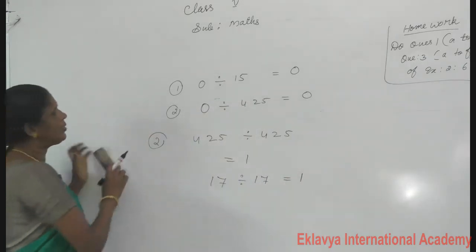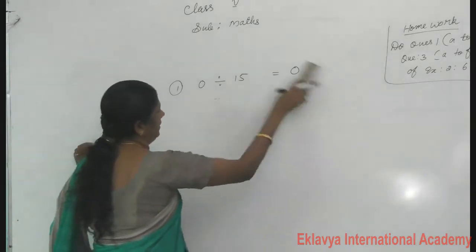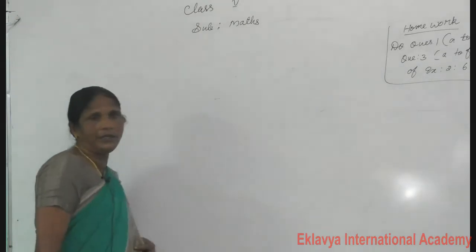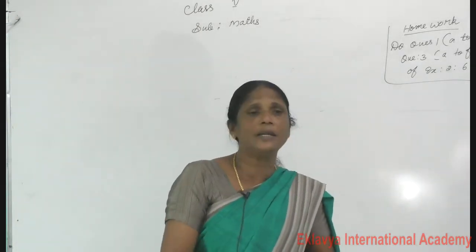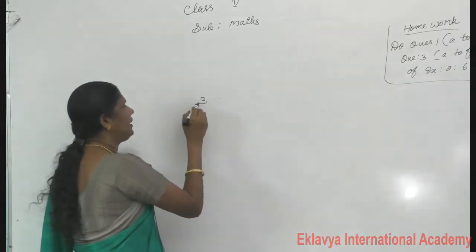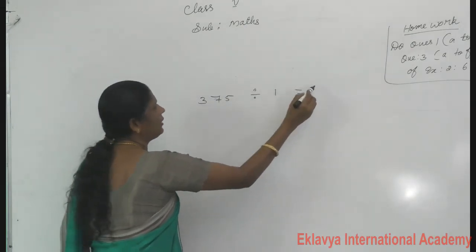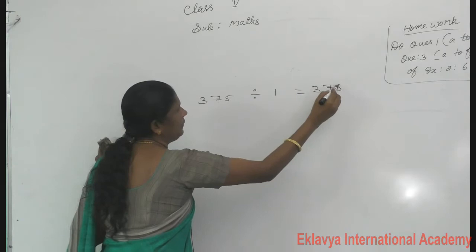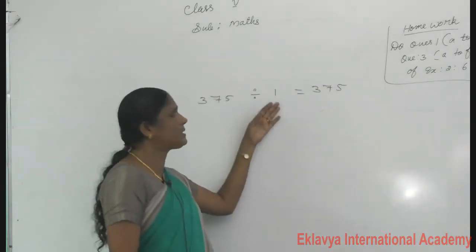Next property is division by 1. Any number divided by 1, the answer is the number itself. For example, 375 divided by 1 is equal to 375.